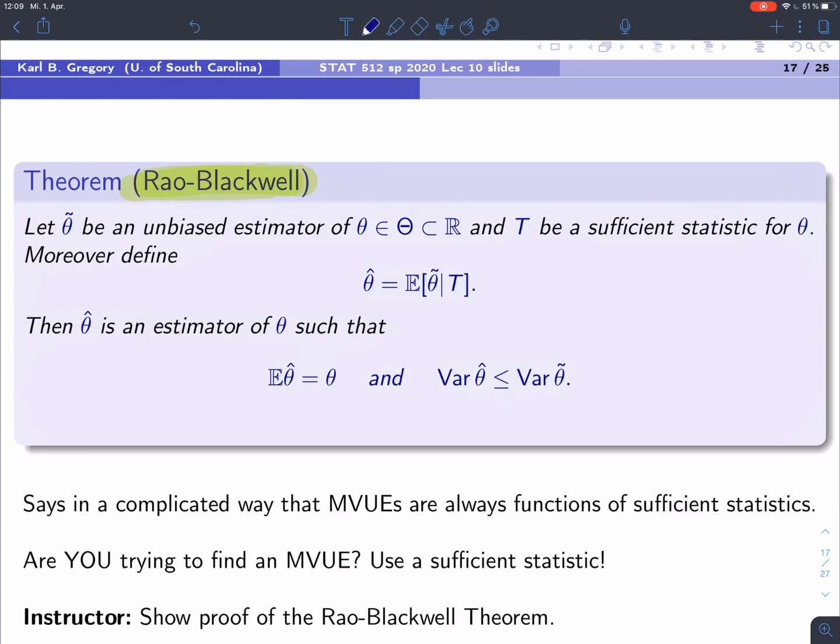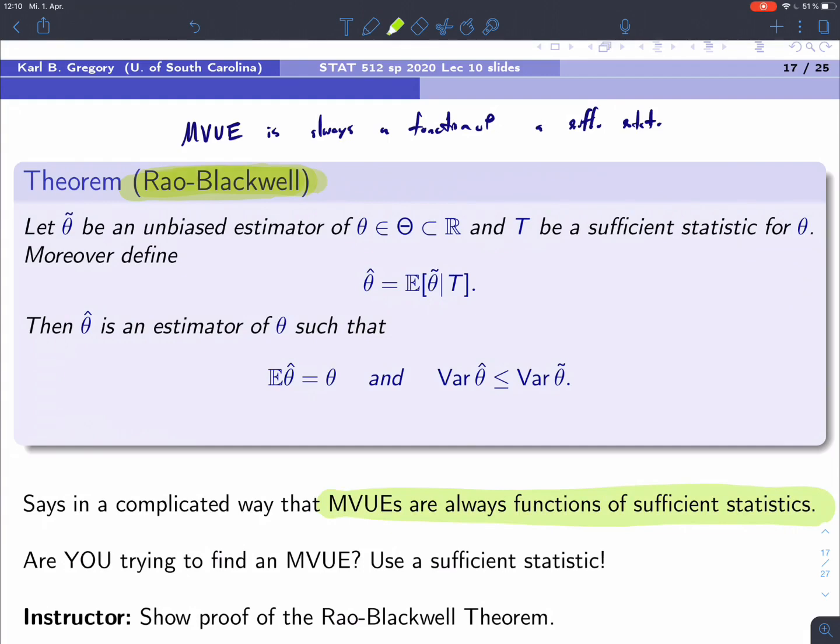So basically it says the minimum variance unbiased estimator is always a function of a sufficient statistic.